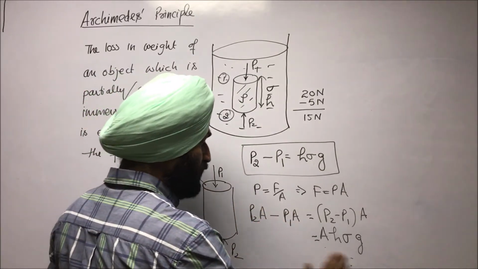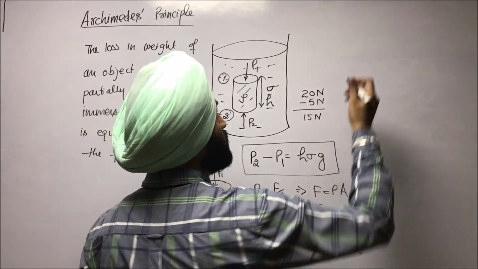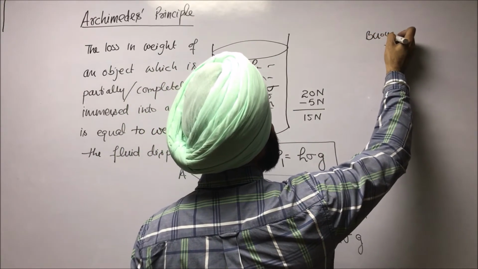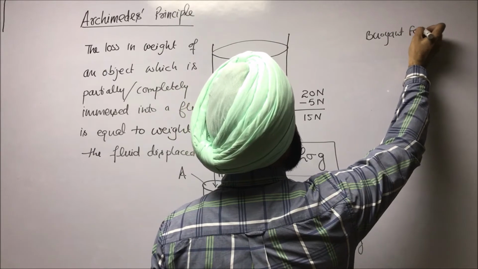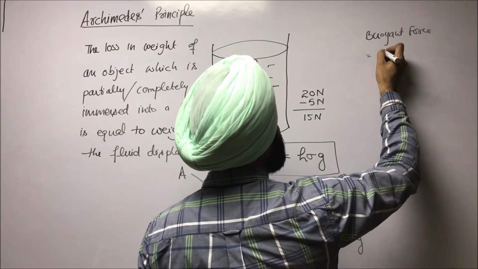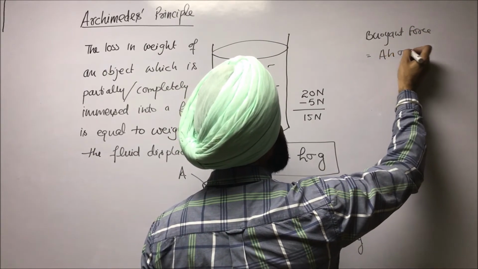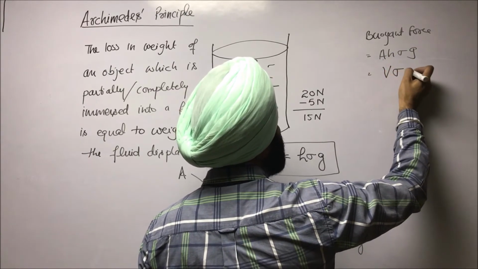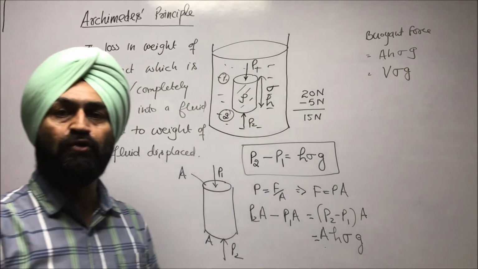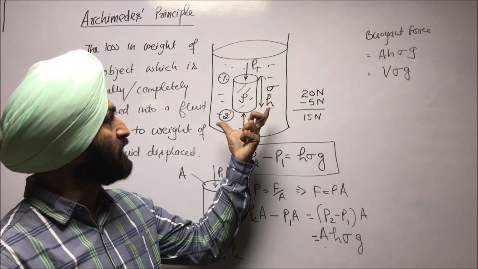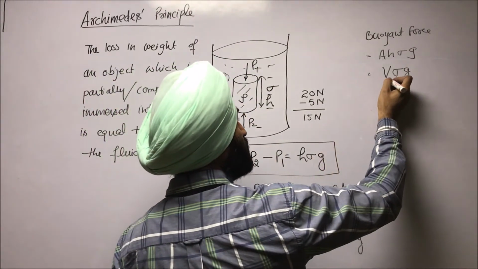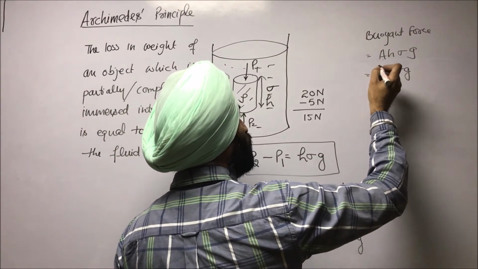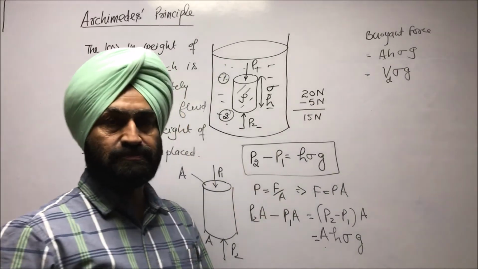So A into H, let me write here, the buoyant force experienced is A H sigma G, where A into H is volume, but we'll have to write it as volume of the fluid displaced. So let me write a suffix D, which means volume of water displaced.